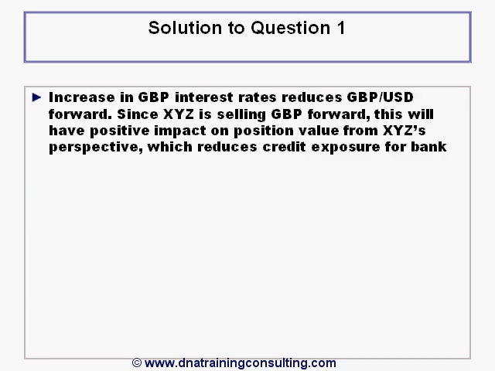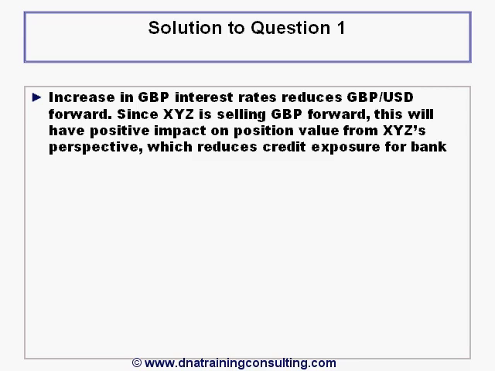An increase in sterling interest rates reduces the sterling dollar forward levels. Since XYZ is selling sterling forward, this will have a positive impact on the value of the position from XYZ's perspective, which reduces the exposure for the bank.